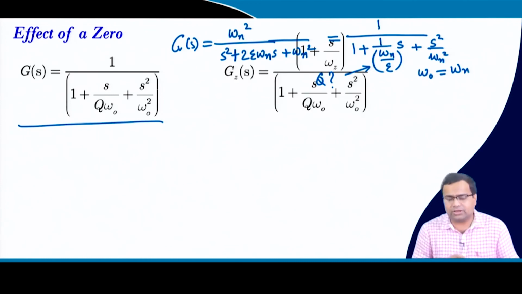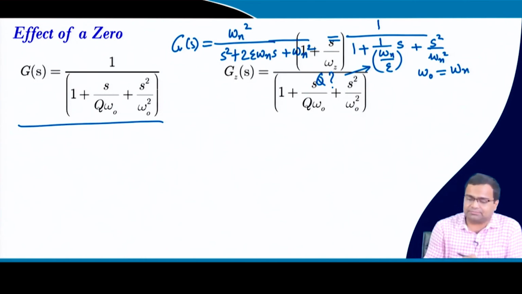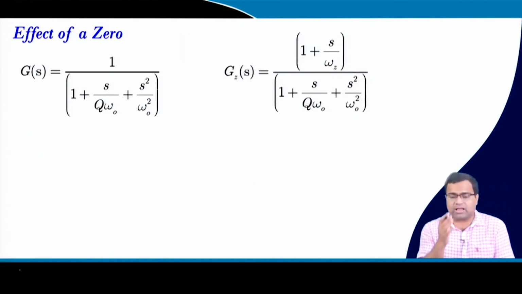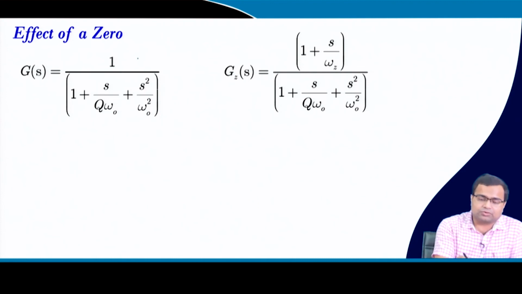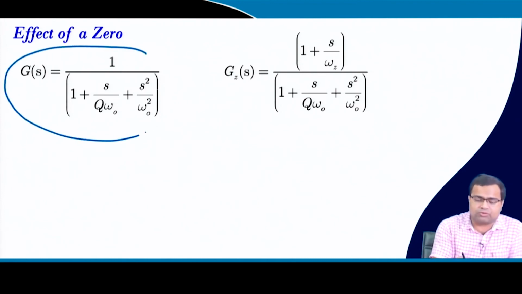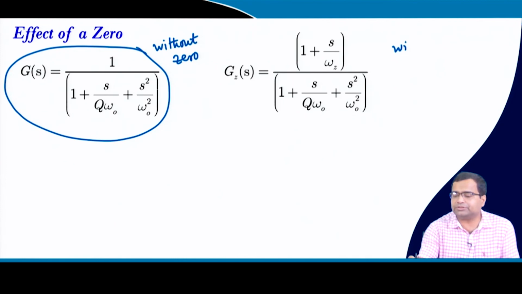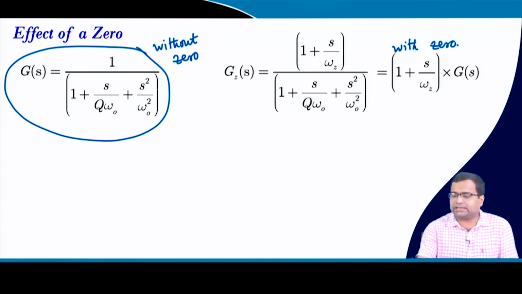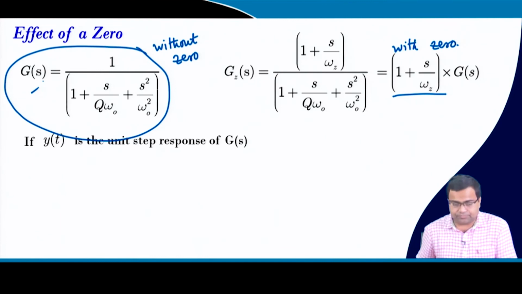Okay. So, in our case, we have found that we have another transfer function. This is a transfer function without 0, and this is with 0. Now, it can be written as this 0 term times the original transfer function, right.